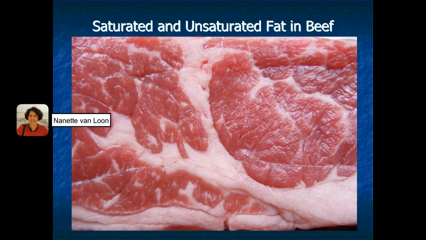Beef contains both saturated fat and unsaturated fat. And the fat that we see here, that white substance that is marbling the beef, tends to be mostly saturated fat.